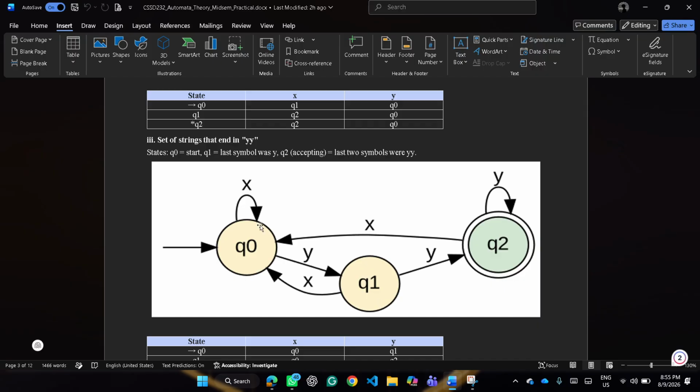Q2 is our accepting, or final, state. So it means you may have some strings before, and the last symbols, YY, come at the end of the accepted strings that the machine will accept.